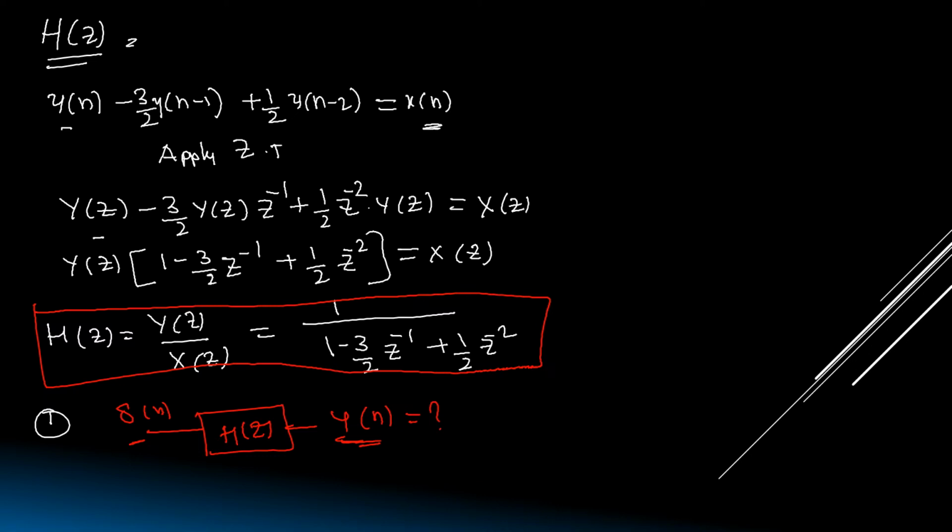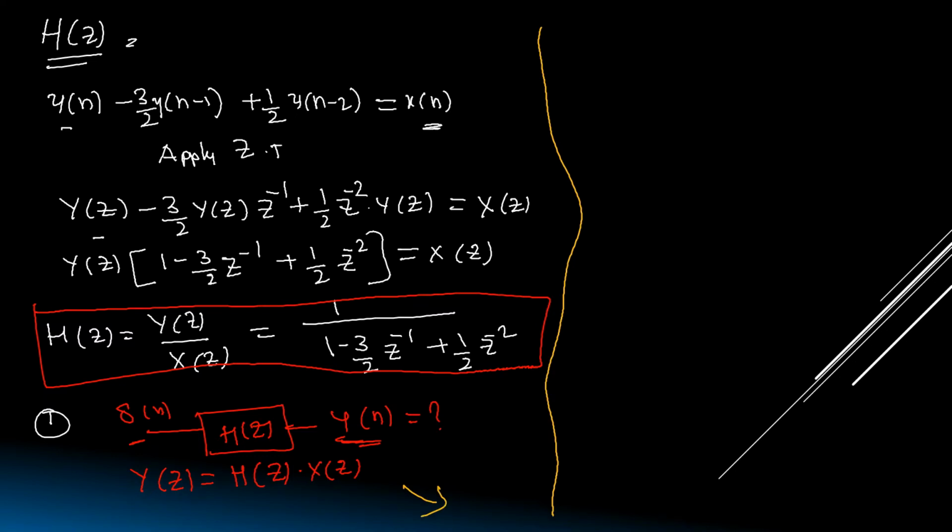From the standard method, we can write Y(z) = H(z) X(z). H(z) we already obtained, so I can write Y(z) = 1 / (1 - 3/2 z^-1 + 1/2 z^-2) times X(z).